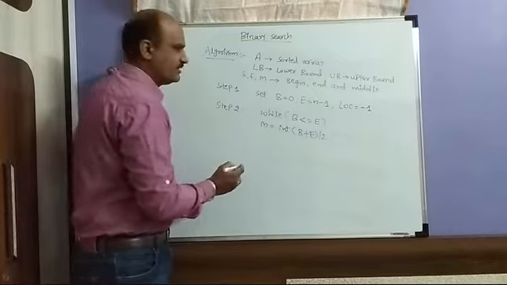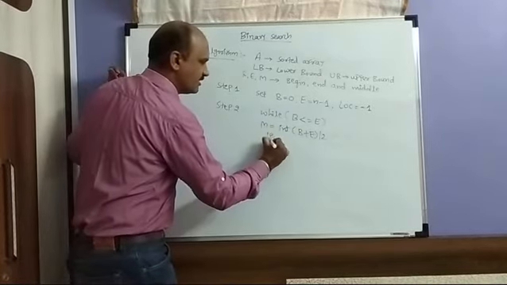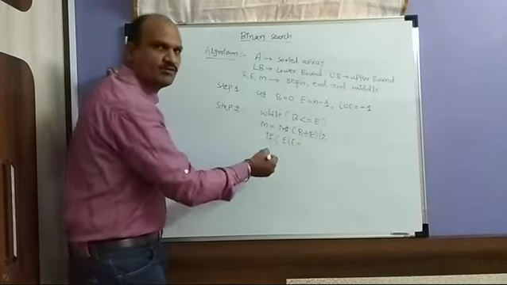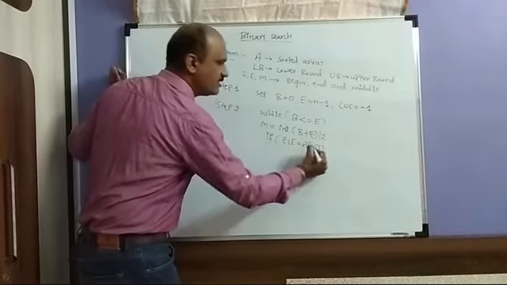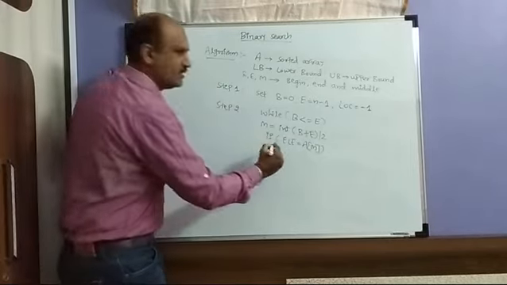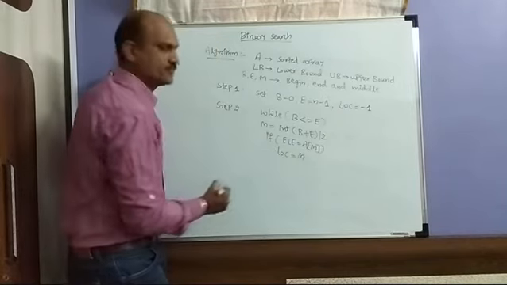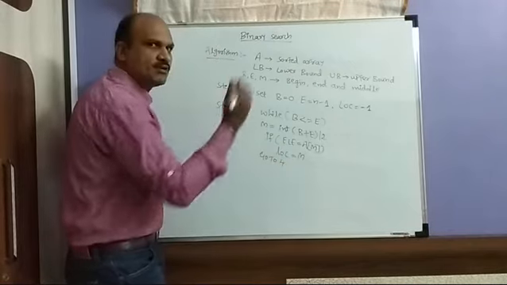Then if the element is equal to A of M, whatever the element we are finding is equal to the middle element, then automatically we get location is equal to M. Then you go to the last step, that is exit, go to step 4.